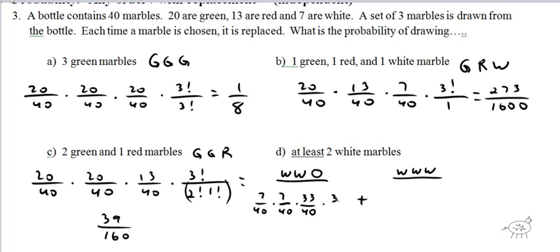Well, aren't there 3 letters and then 2 W's and 1 other? And then 3 W's is going to be 7 out of 40 times 7 out of 40 times 7 out of 40, right? Times 3 factorial over 3 factorial, because they're all being repeated.